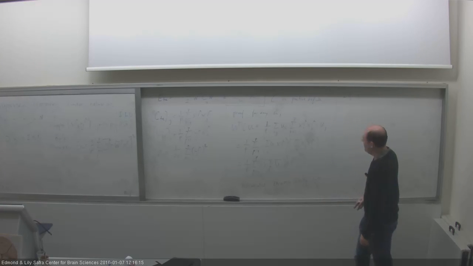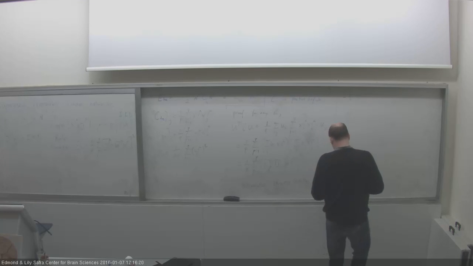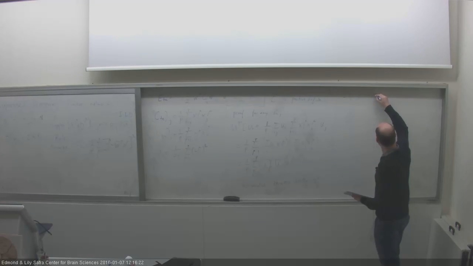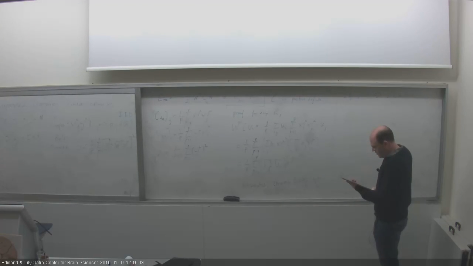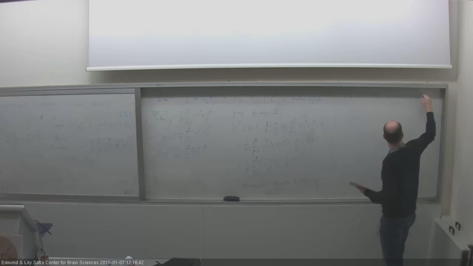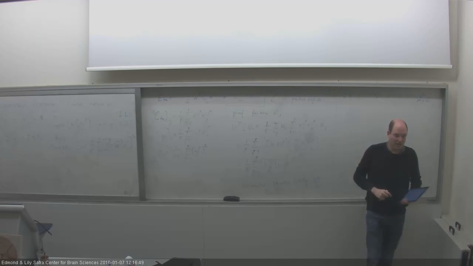So in that case, it's strictly positive. So U transpose C U is going to be larger than 0 for any U. And what that means also is that the matrix C is invertible.